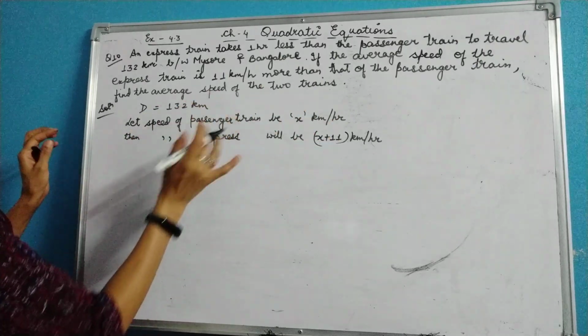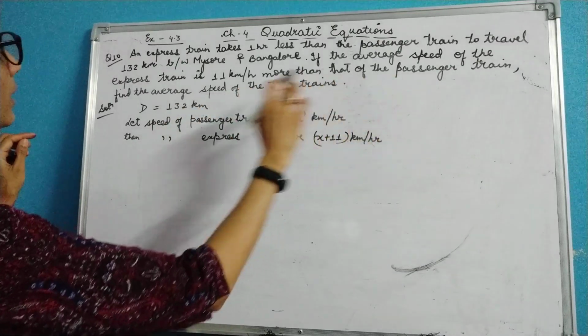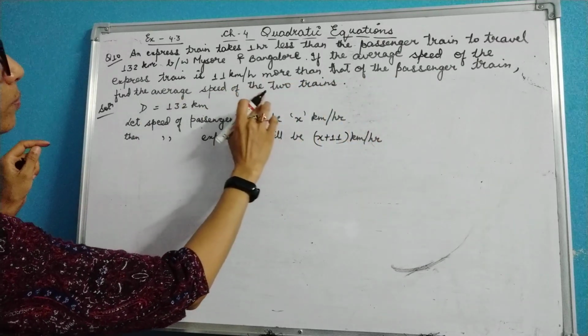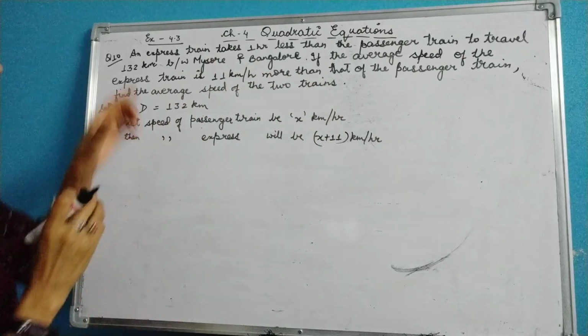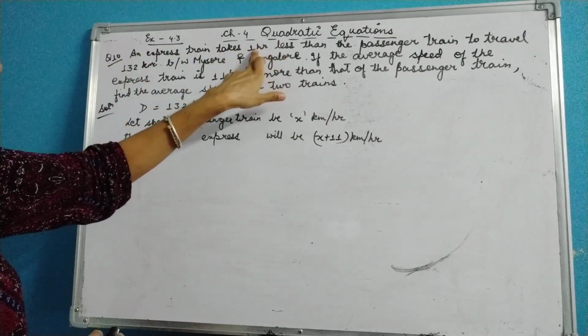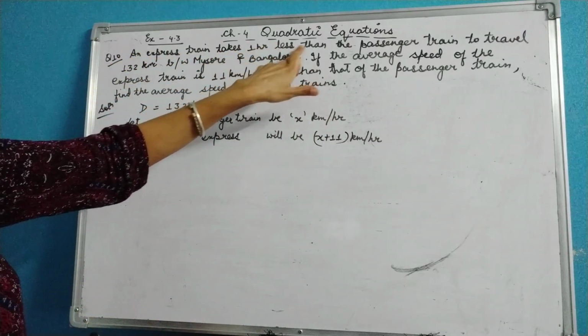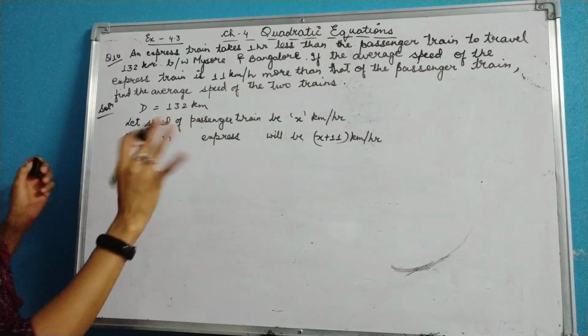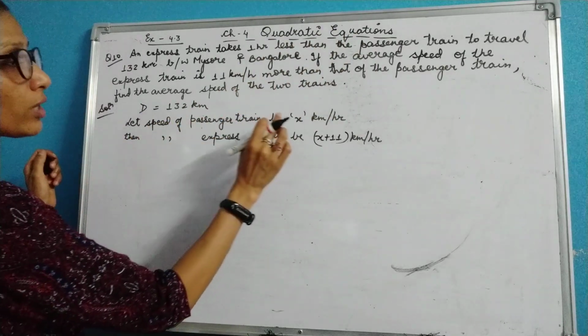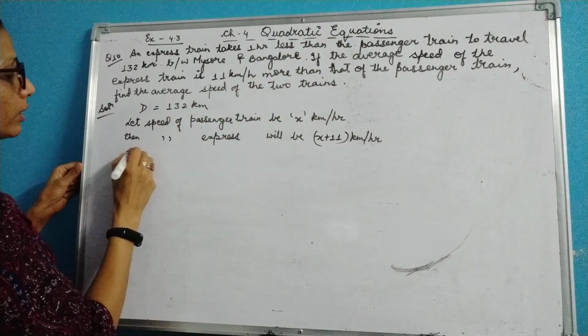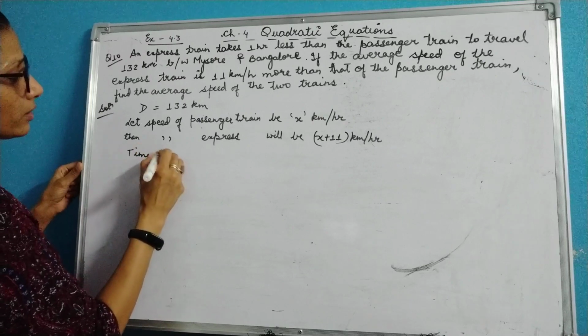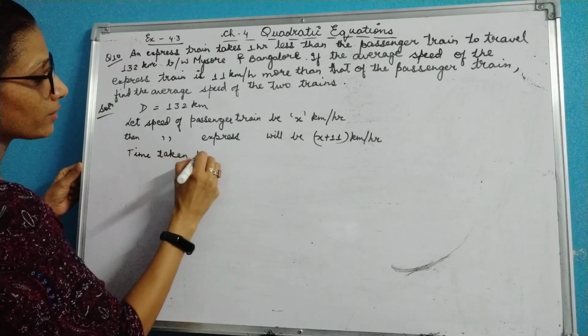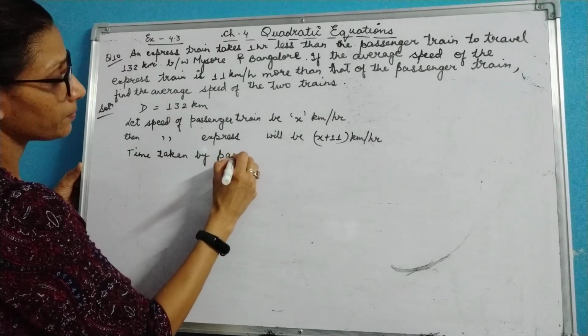Okay. So now here what is being asked, find the average speed of the two trains, and here you are given the difference of time, takes 1 hour less than the passenger train. So let's first of all find out the time taken by the passenger train.